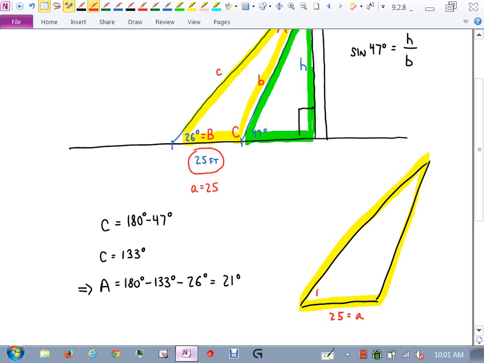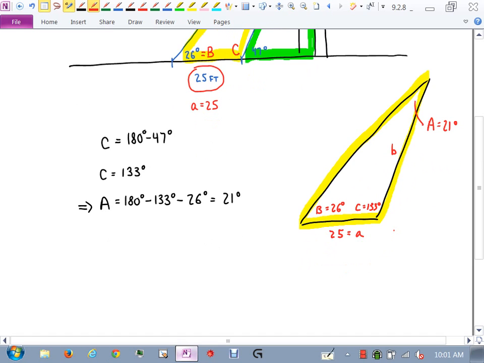I have B is 26 degrees. I have C is 133. And I have capital A is 21 degrees. And what is it that I'm trying to find? Little b.